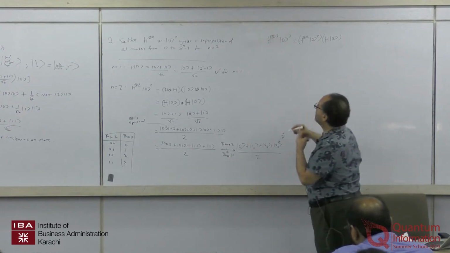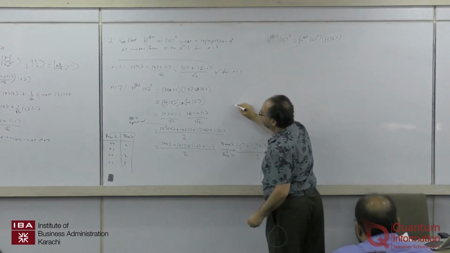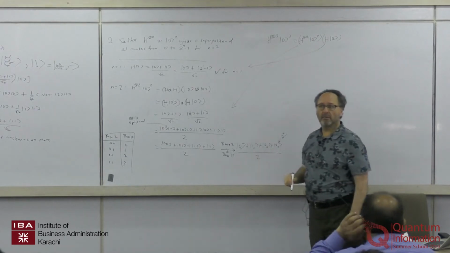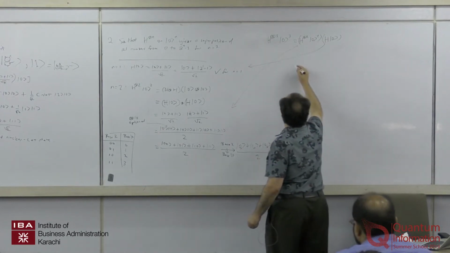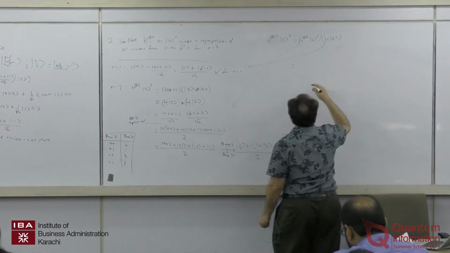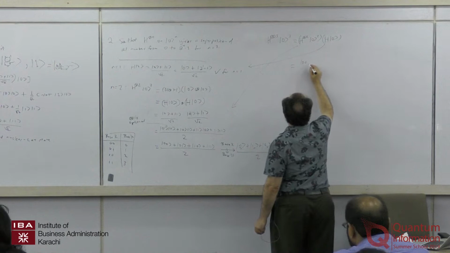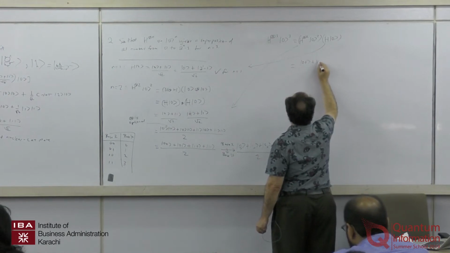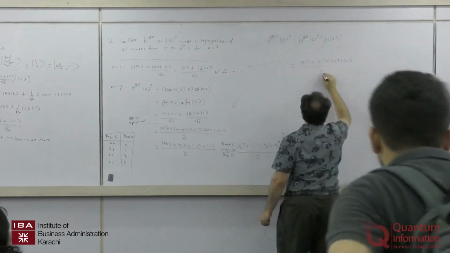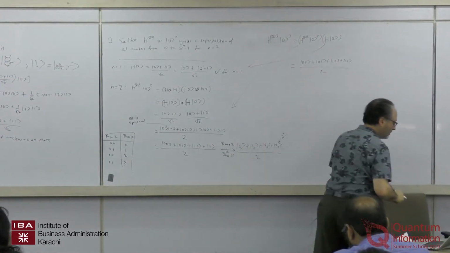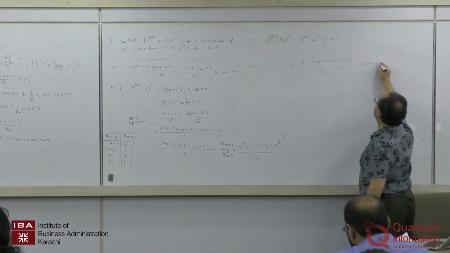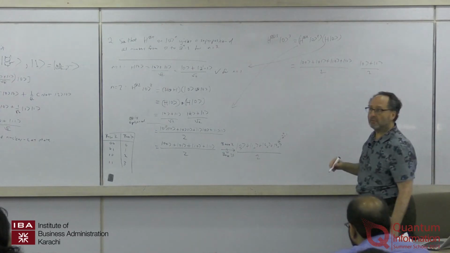Right? So this case we did here, and this case we did here. So it's equal to, and then I'll just go back to the base 2. So I get 0, 0 plus 0, 1 plus 1, 0 plus 1, 1 over 2. And here I'll get 0 plus 1 over 2.